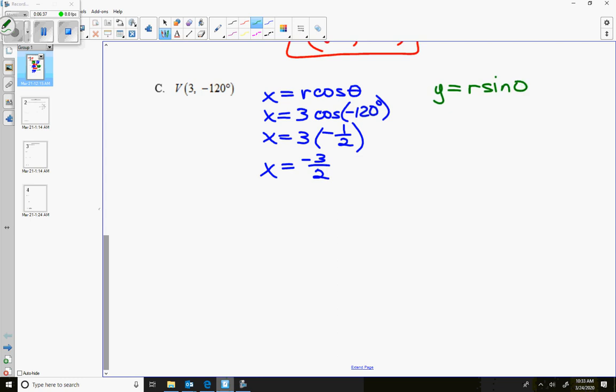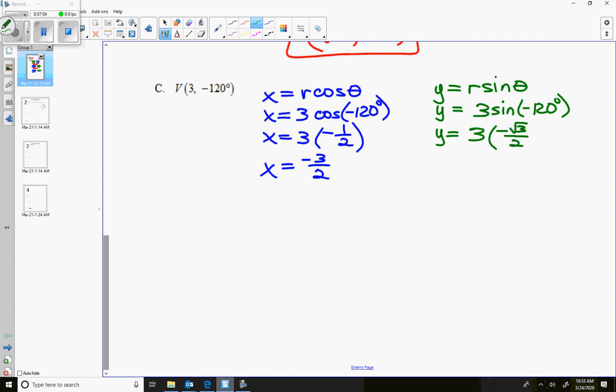Y is r sine theta. So it's going to be 3 times the sine of negative 120 degrees. And again, negative 120 degrees is the same thing as positive 240 degrees. Just adding circles. So what is the sine of negative 120 degrees?